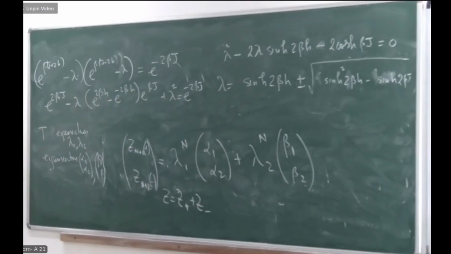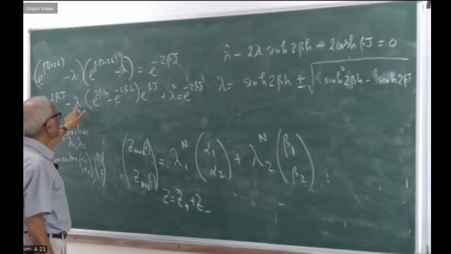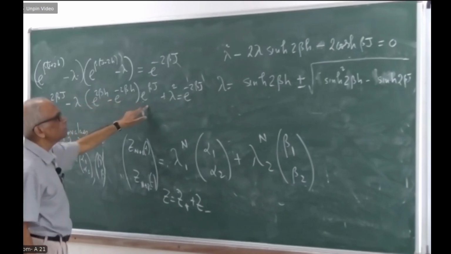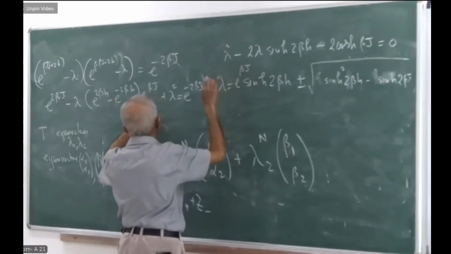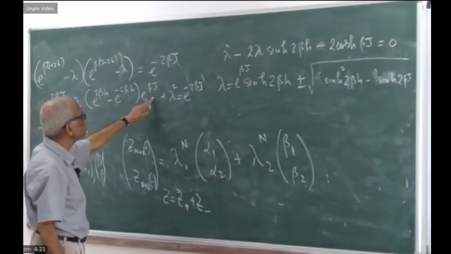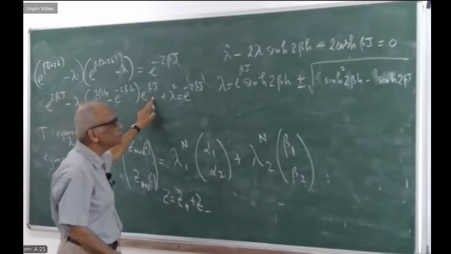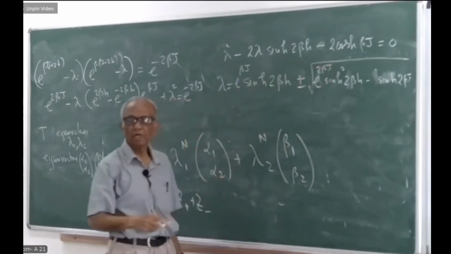Something seems missing. What is missing? This is what is missing. So here it is e to the power beta J. This is 2 sinh beta h e to the power beta J. And over here, there is e to the power 2 beta J. That's it.